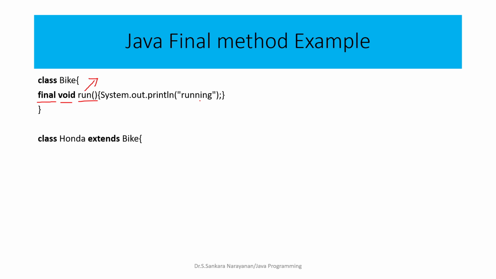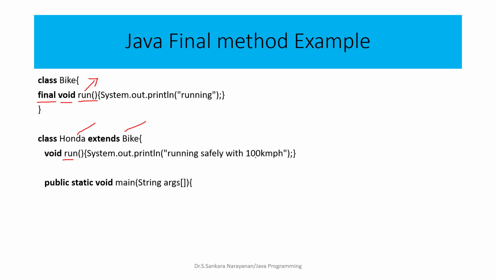Then here I'm going to do the overriding. My subclass name is Honda, and my parent class name is bike. Here I'm doing the overriding: whatever method I used in the parent class, the same method I'm using in the child class. This is called method overriding. void run, System.out.println running safely with 100 kilometers per hour.